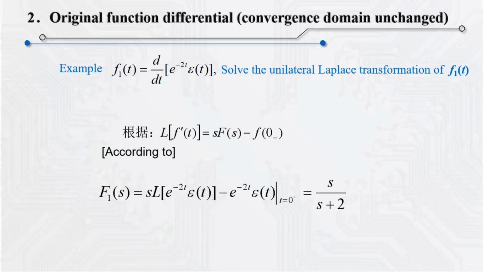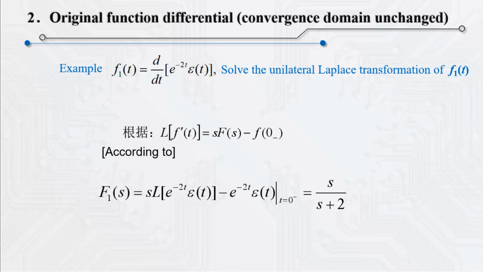For example, f1(t) is known to be the derivative of e to the negative 2t epsilon(t). Find the unilateral Laplace transformation of f1(t). Because f1(t) is a causal function, the Laplace transformation of the derivative of f(t) equals s times the Laplace transformation of e to the minus 2t epsilon(t).